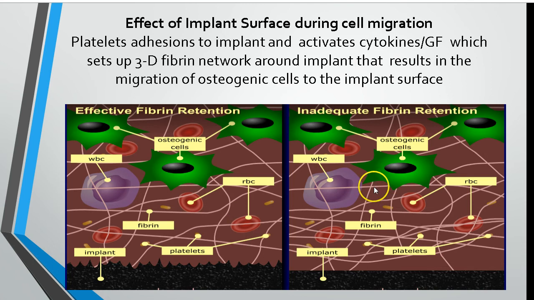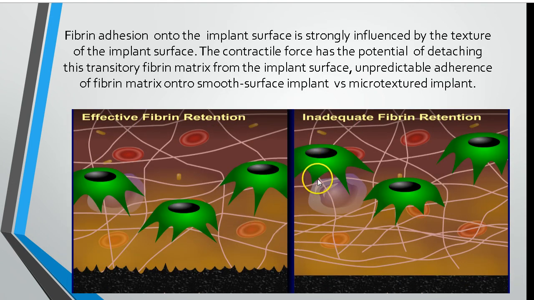Now, just a little tidbit here. As they're coming down, these fibrins are attached to the rough surface of the implant. Studies have shown that if there's a smooth surface and you have these fibrins attached, once the cells are migrating on the fibrin, it creates tension, and when you have a smooth surface, as these cells are coming down, it creates enough tension that it snaps off the smooth surface, which we see every day in our life.